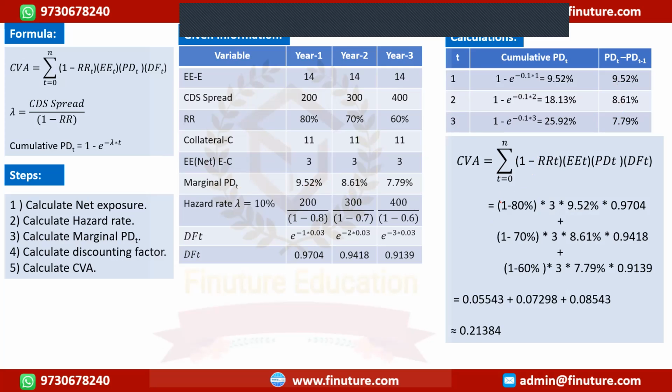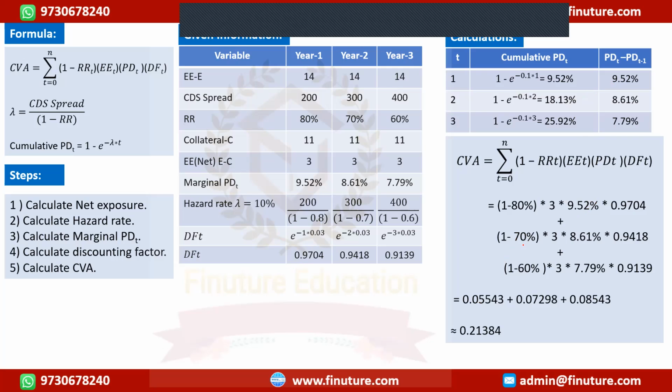So for year one, your recovery rate is 80%, so your loss given default would be 20%, and your net exposure is 3, and your marginal default probability is 9.52%, and of course the discounting factor.